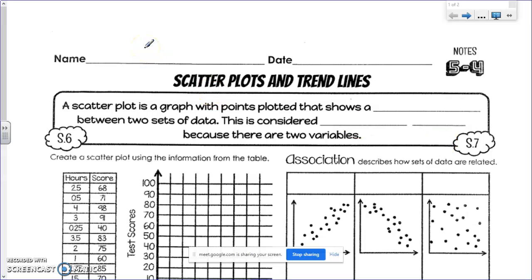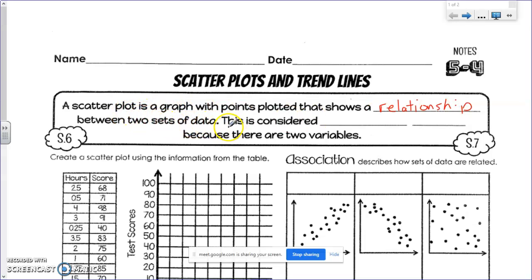Okay, so most of this stuff you should have seen before in middle school, but a scatter plot is a graph where points are plotted that show a relationship between two sets of data.